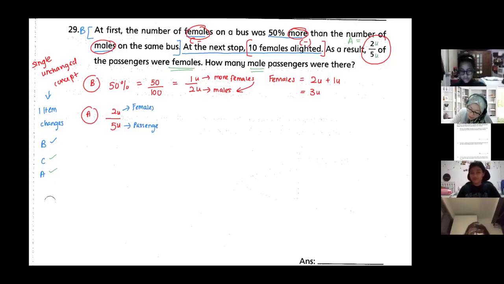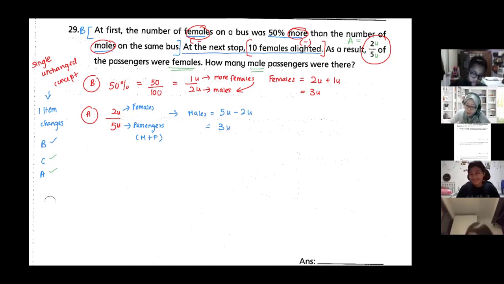Passengers means male plus female. Can I find my male from here? Yes. Males will be passengers minus females, which equals 3 units. This is my males after. So I have all the information lined up.